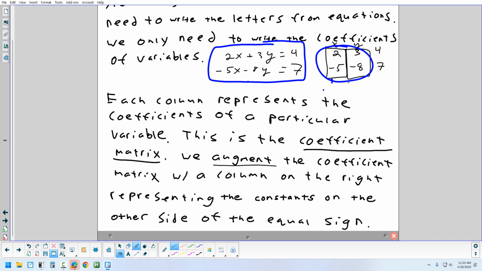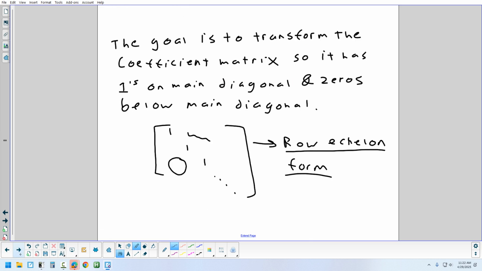But now I need to show you what we have to do with this matrix. It's something we have to do to it. And the goal is going to be to turn our matrix into what's called row echelon form.